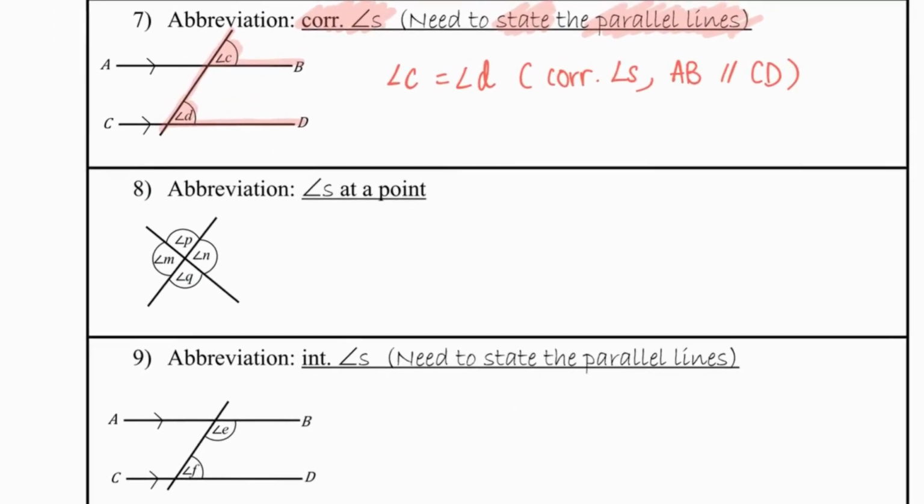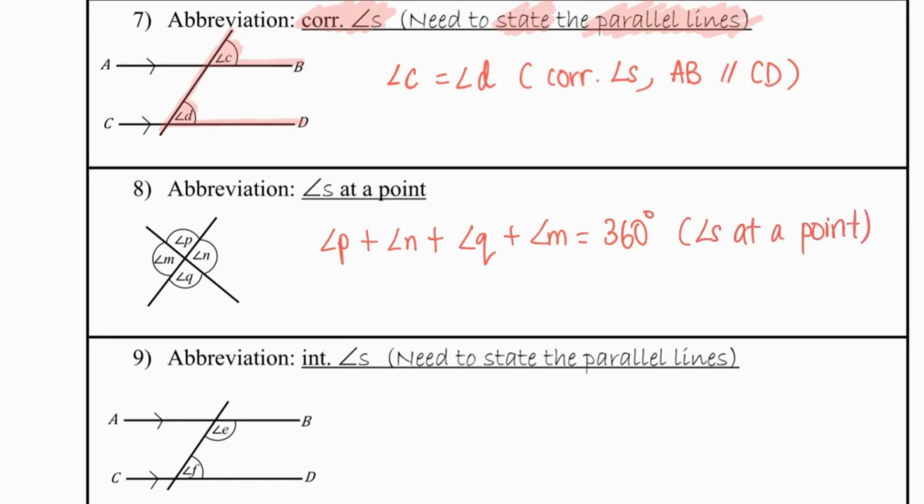Angles at a point. So meaning angle P plus angle Q. Oh, sorry, I should go in a clockwise direction, easier. N plus angle Q plus angle M equals to 360, because they are angles at a point.